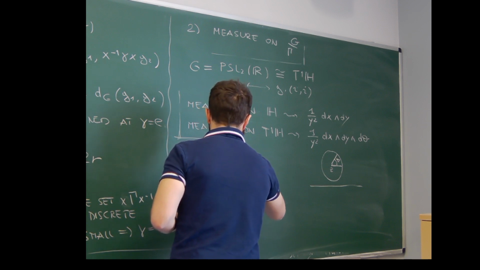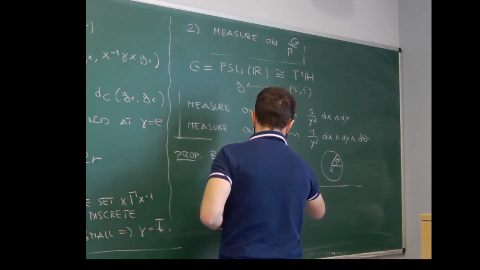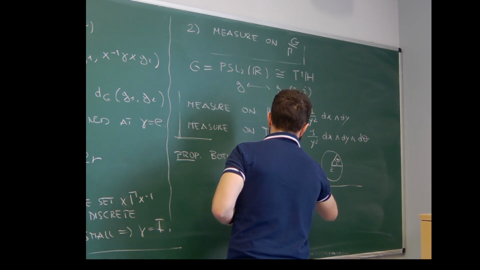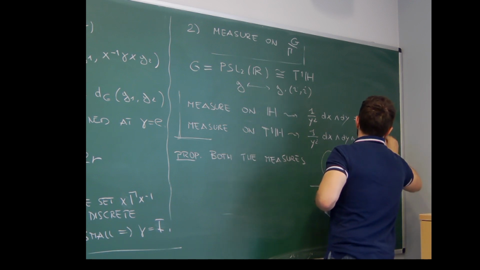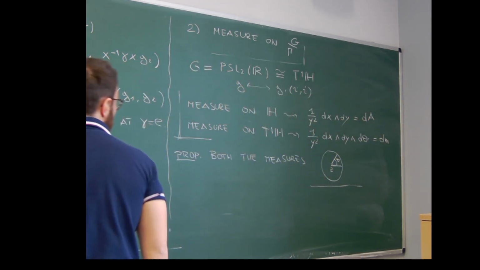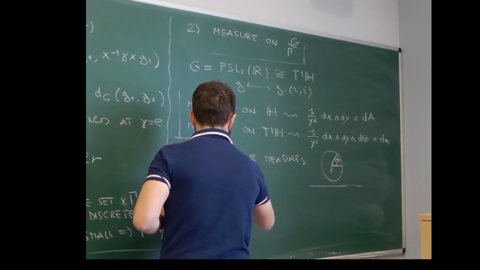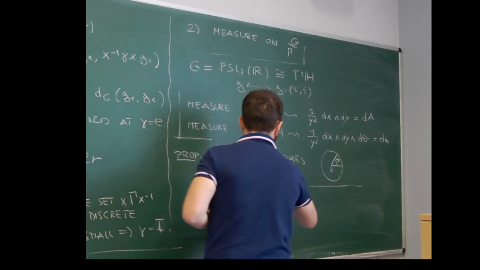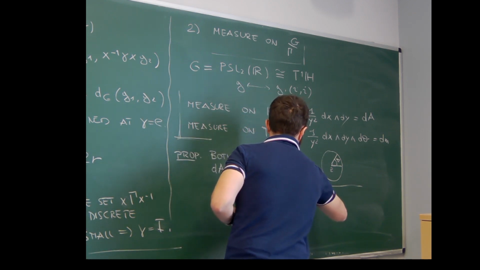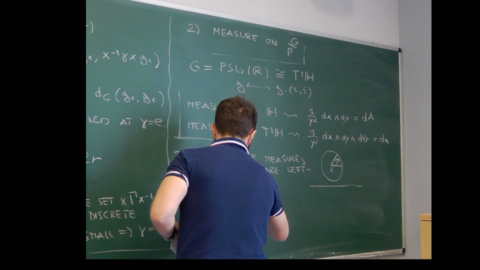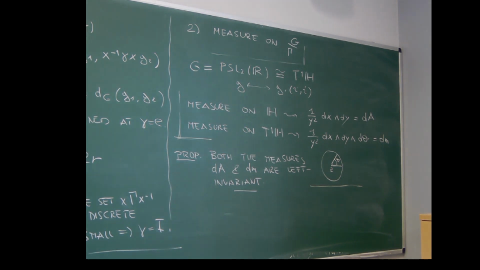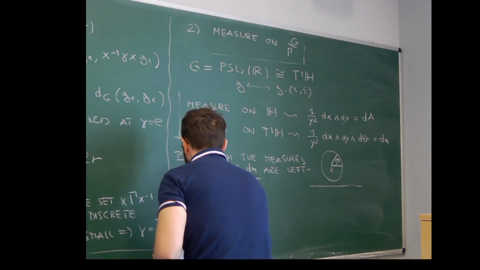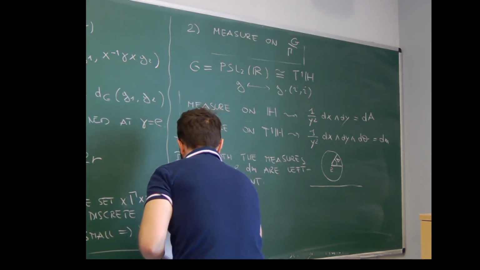Both the measures, dA and dm, are left invariant. Okay, so how much time do I have? Okay, good. So, just an idea of proof.